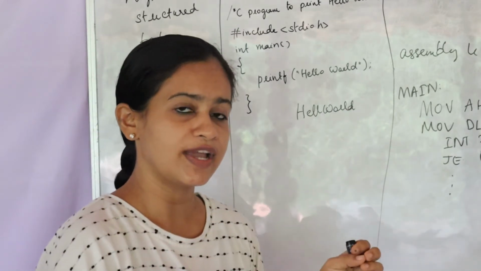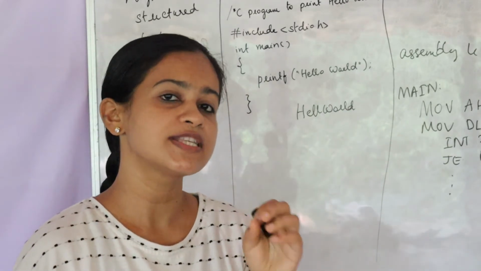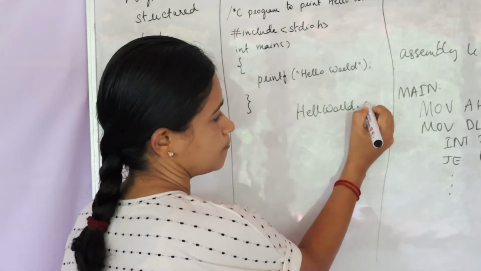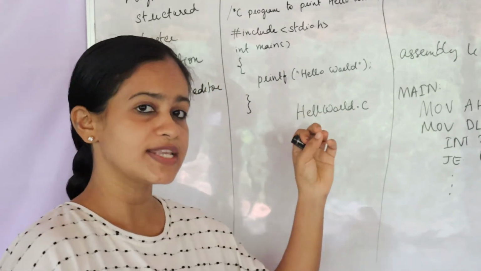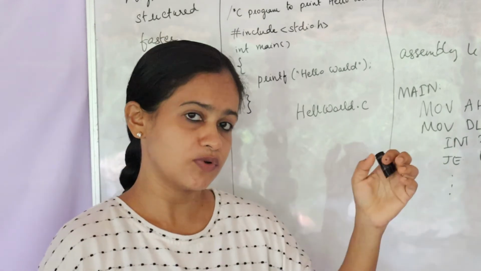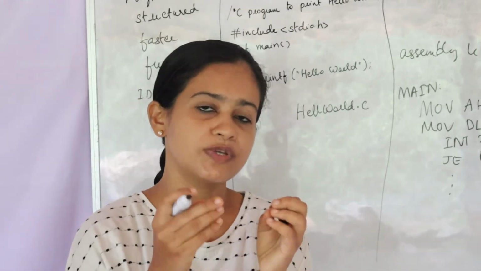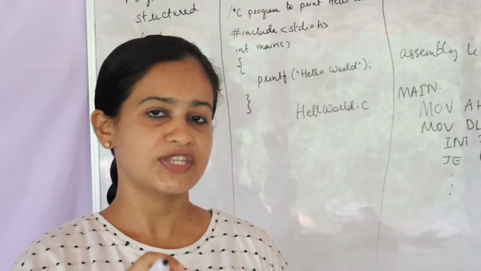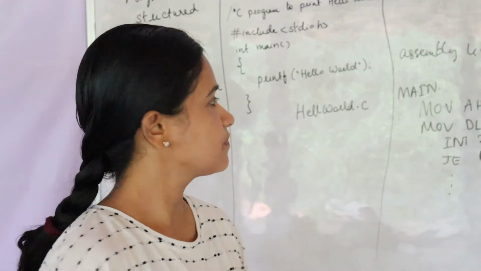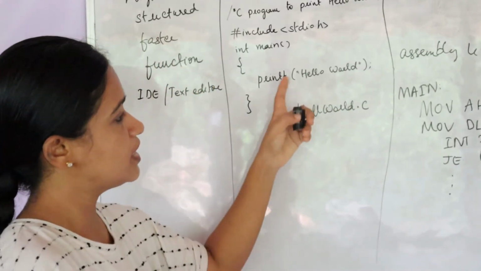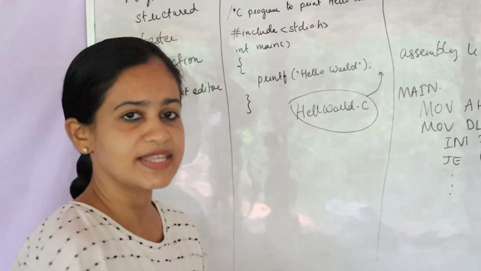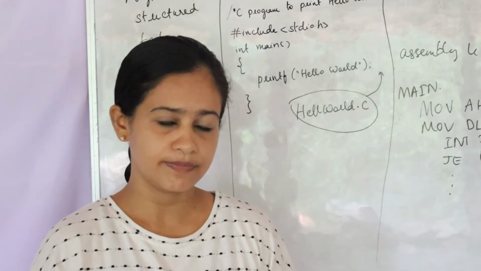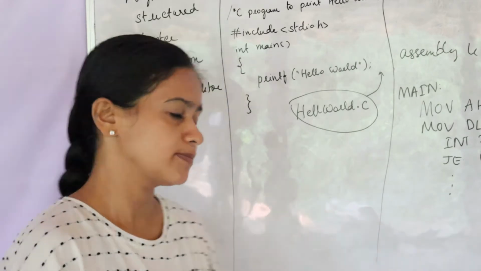Then I'll save this file with an extension of .c. So it is hello world.c. This is how I save a C program. Every C program has to be saved with an extension of .c. So this hello world.c, which consists of this code, is nothing but a source code.